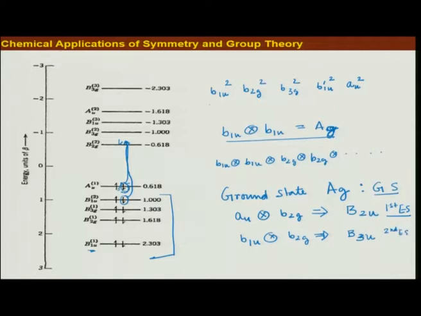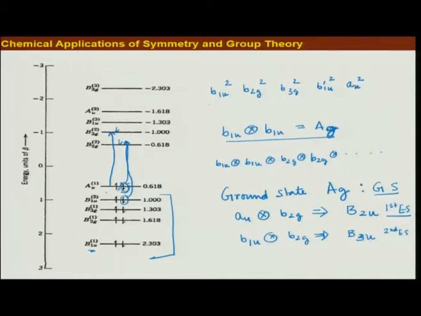then I have to worry about the other one. So that is AU to B3G. So if I have one electron transferred to B3G from AU, this also supposedly has the same energy as this particular transition, which gives you B3U.